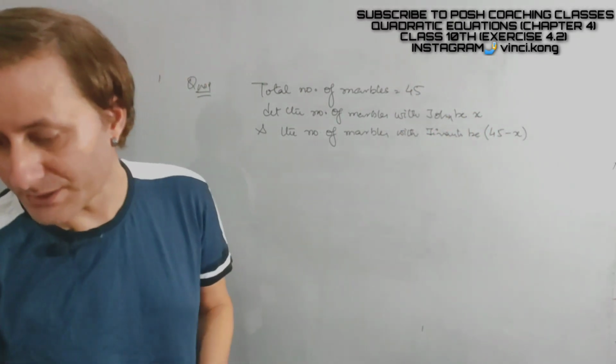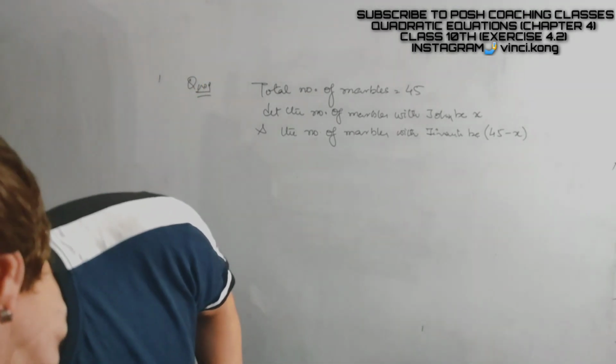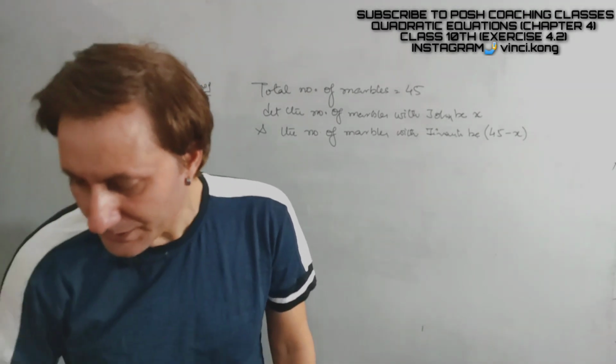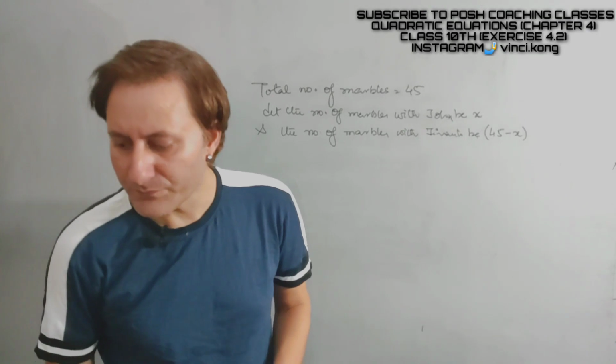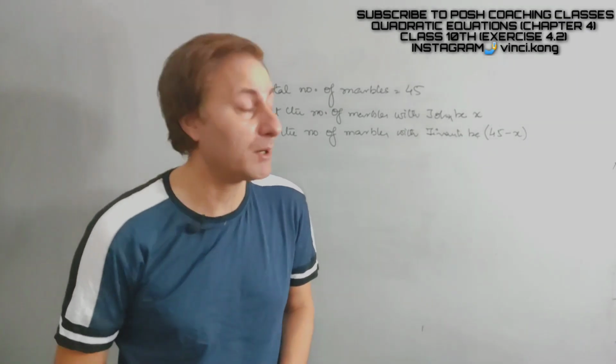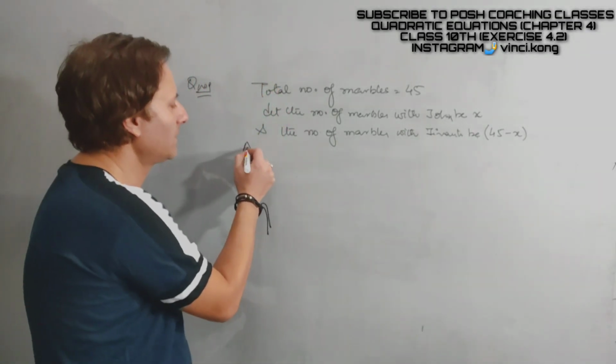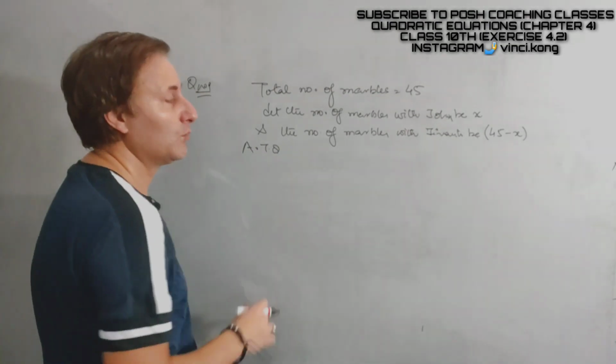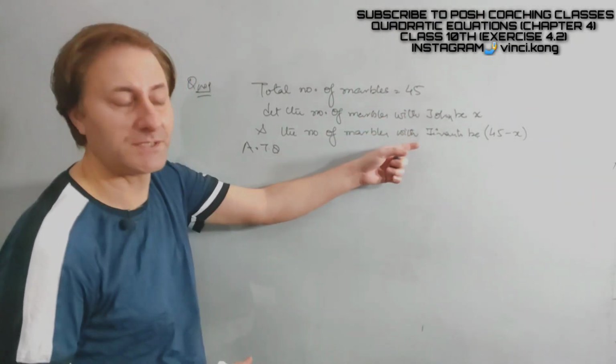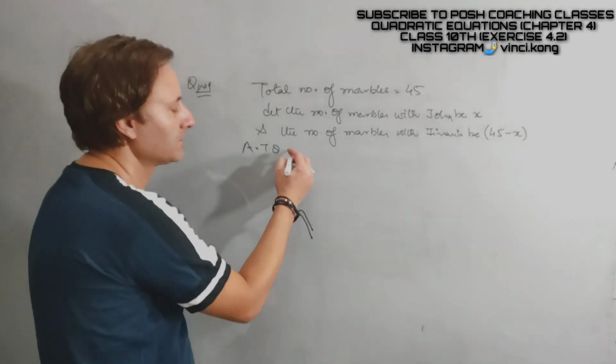Now what does it say again? Now it says both of them lost 5 marbles each. According to the question, both means John and Giovanni, they lost 5 marbles each.